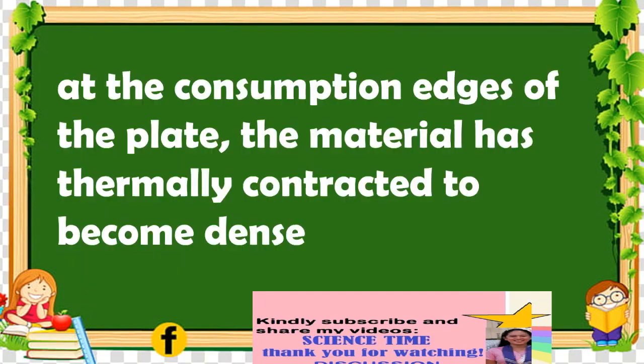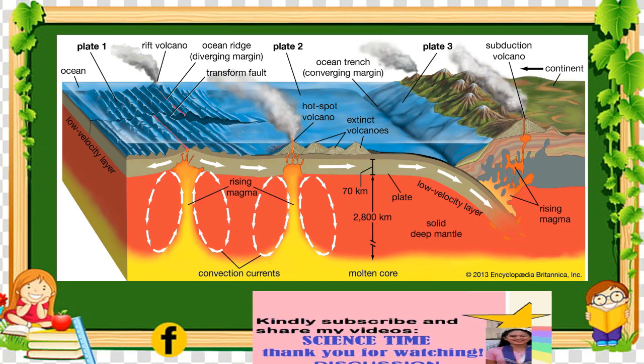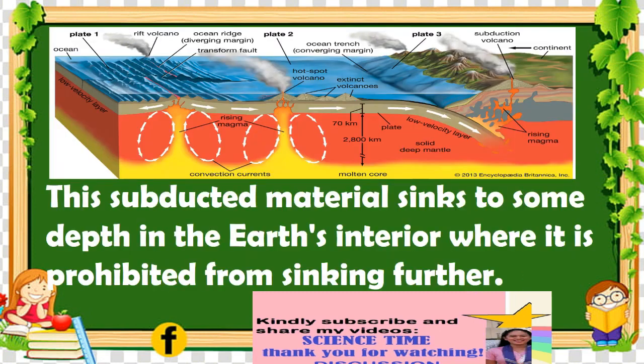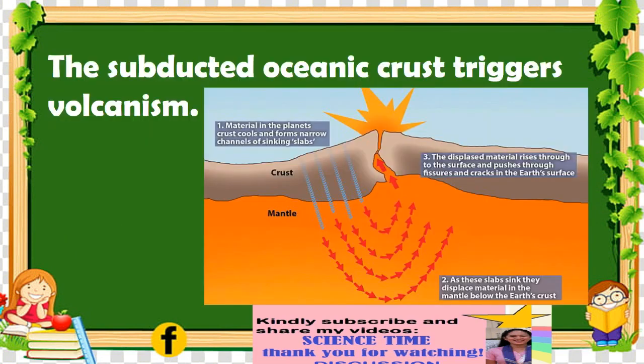At the consumption edges of the plate, the material has thermally contracted to become dense, and it sinks under its own weight in the process of subduction at an ocean trench. This subducted material sinks to some depth in the Earth's interior, where it is prohibited from sinking further. The subducted oceanic crust triggers volcanism.